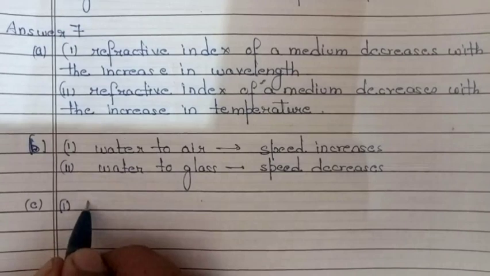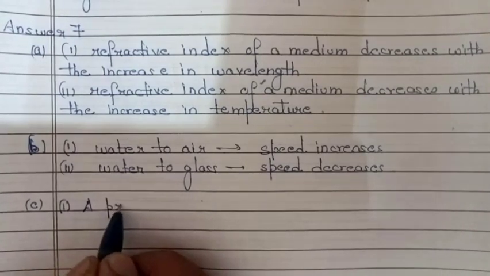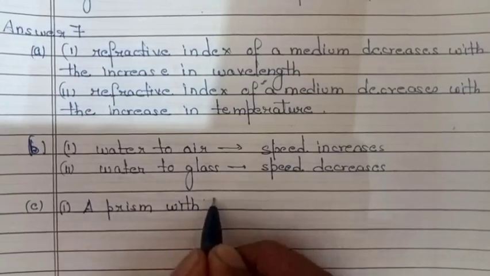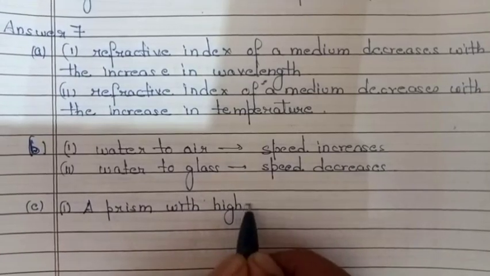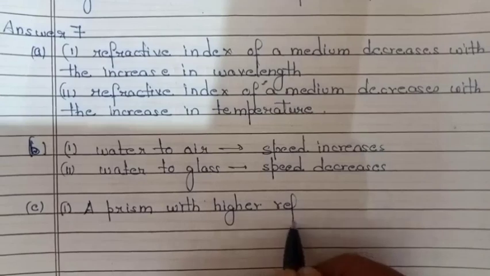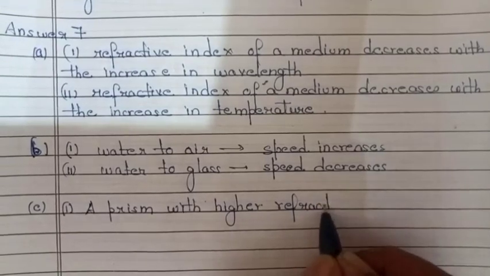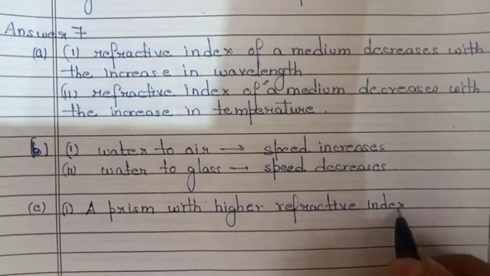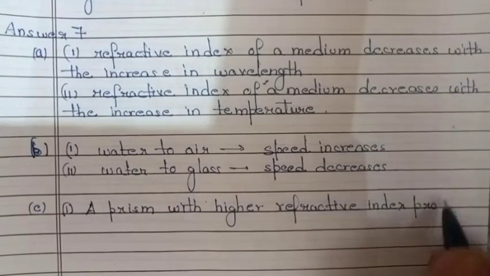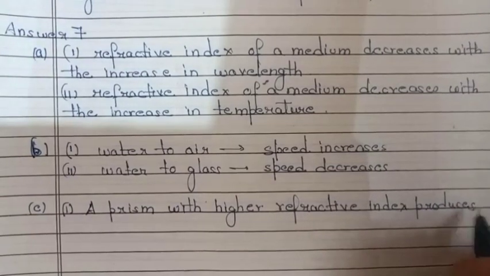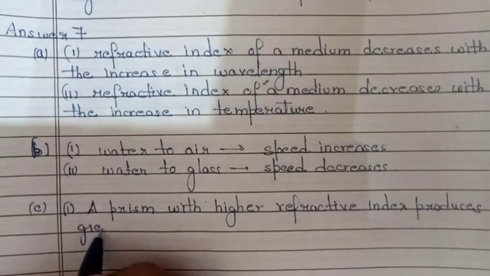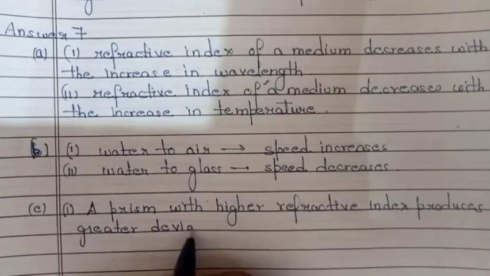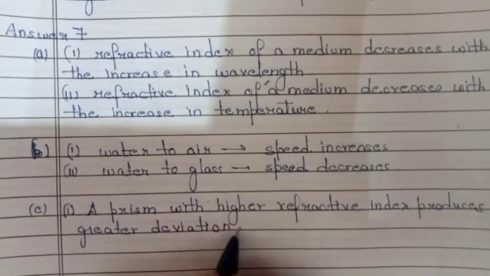So you can write a prism with higher refractive index produces greater deviation. So more the refractive index, more will be the deviation.